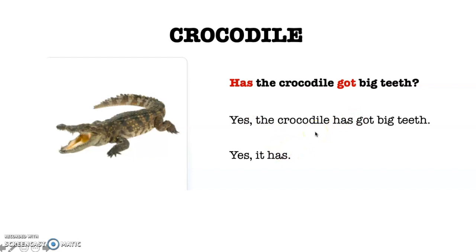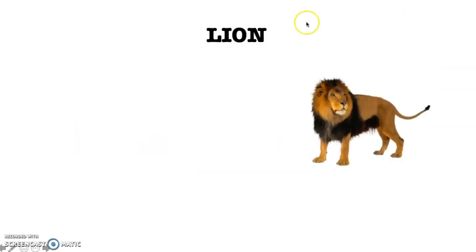Okay, let's continue. Let's work with the lion. Look at the question. Has the lion got a short tail? What do you think? Look at the picture. Has the lion got a short tail?